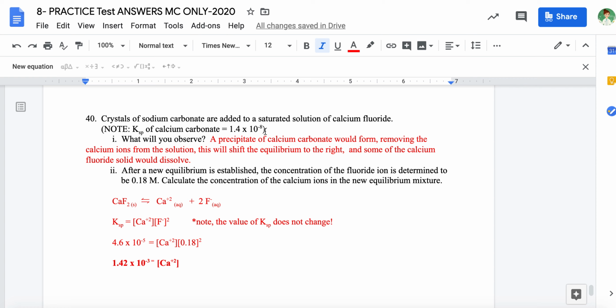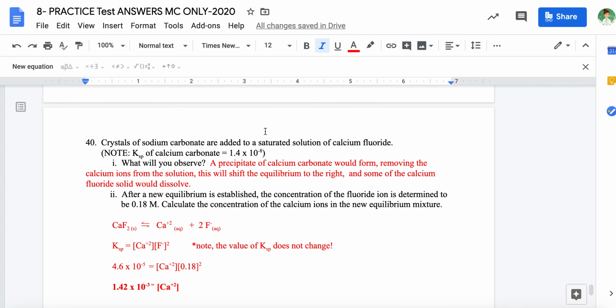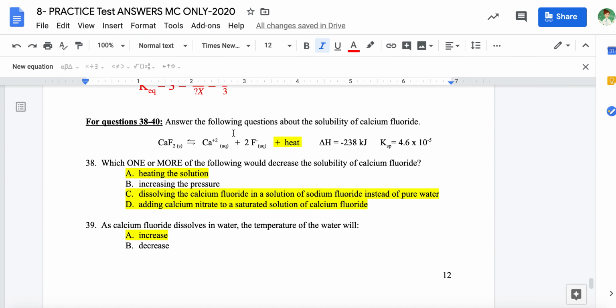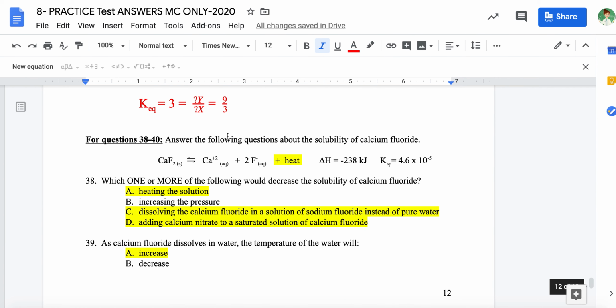So if we end up precipitating some of the calcium carbonate, let's see what's going to happen. Let's go back. Some of the calcium here is going to react with the carbonate and it's going to get removed. So we're going to remove some of our calcium because it forms a precipitate.